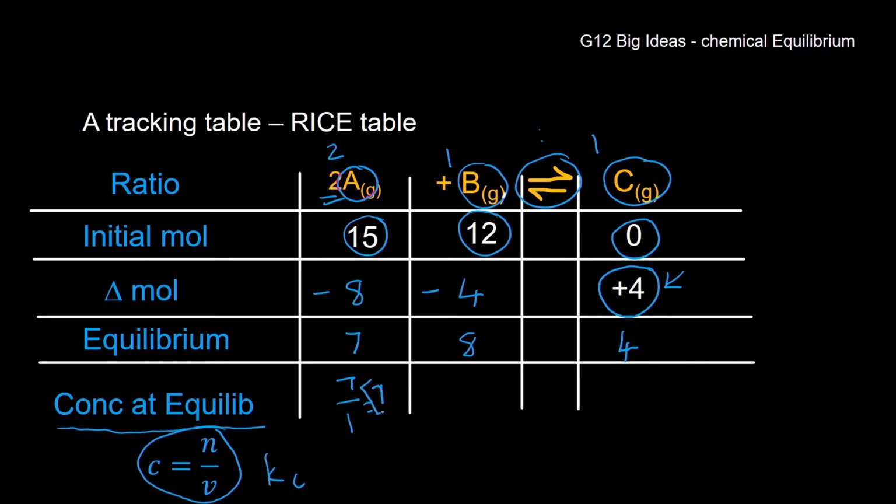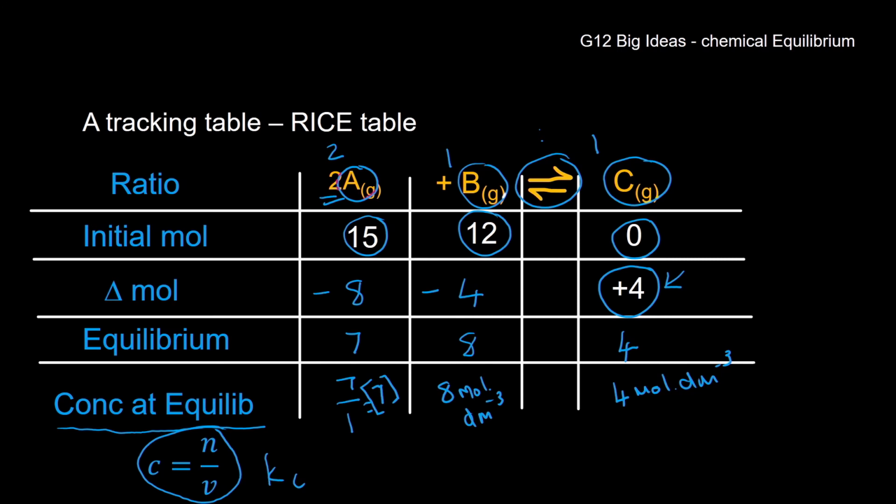I'm just going to put that in there, that's the concentration. This one would be 8 mole per decimeter cubed, and then this one would be 4 mole per decimeter cubed. Okay, so this is how we use the Rice table.